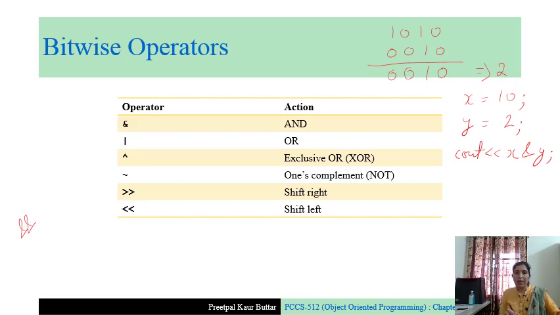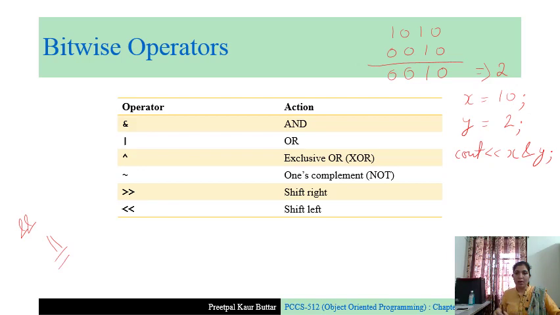Next is bitwise OR. The OR operator is different from the logical OR, which is represented by this symbol.